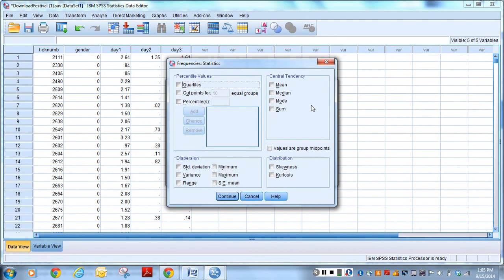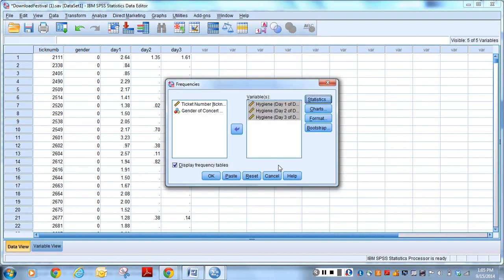For this particular instance, we are going to look at the mean, median, mode. Let's click on standard deviation, variance, range. Now, to check to see if our data are normal, let's click skewness and kurtosis. We'll click continue, and we will click OK.